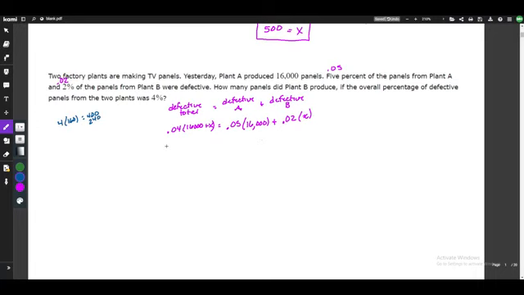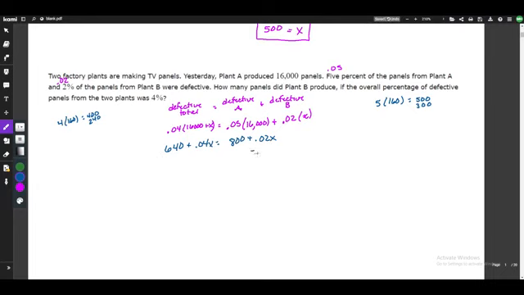So this is going to be 640 plus 0.04x equals, distributing the 0.05 to the 16,000, which is going to be the same thing as 5 times 160. 5 times 100 is 500. 5 times 60 is 30 with the 0, so 300. So this is going to be 800 plus 0.02x.